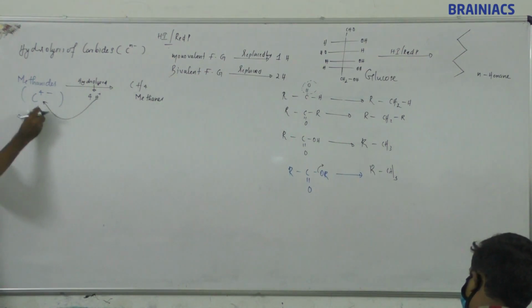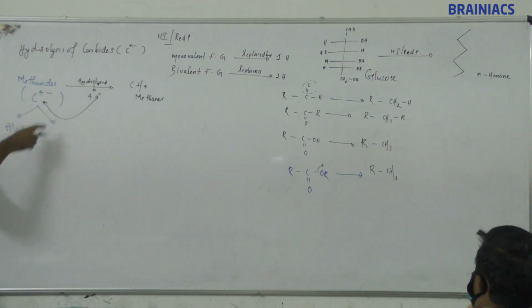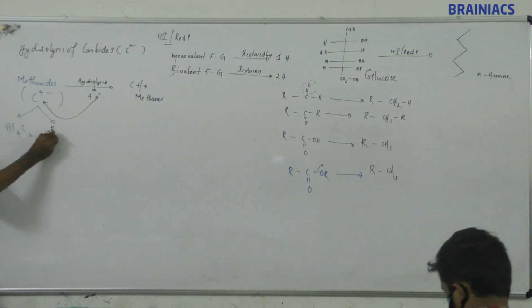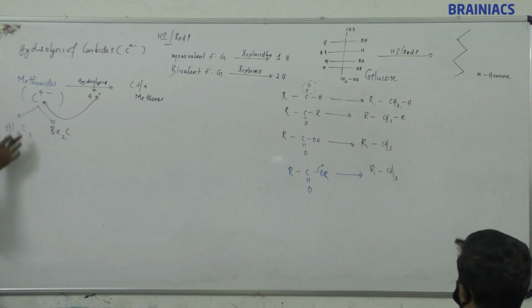Okay, and we can choose the carbide of methanides like aluminium carbide Al4C3, and this reaction is given in your hydrogen chapter. Okay, and Be2C. Hydrolysis of Al4C3, given water as a hydrolytic agent. What is the property of water?